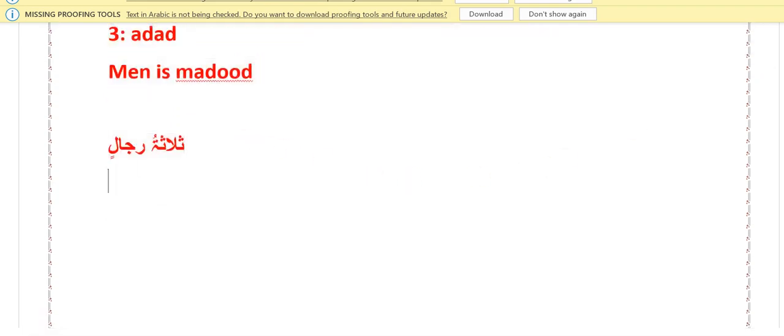Now, if we want to say 4 men, we will say arba'atu rijalin, 4 men. When we want to say 5, let's have another example, okay? Like 5 pens, khamsatu aqlamin. 6, sittatu, let's have another muzakkar word, kilab, we can say sittatu kilabin.